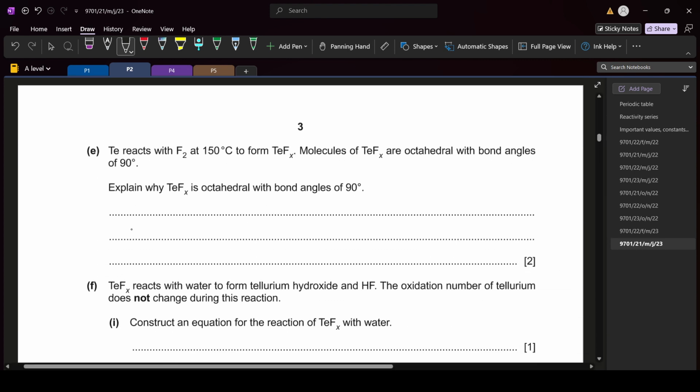Now part E, tellurium reacts with fluorine at 150 degrees Celsius to form TeFx. The molecules of TeFx are octahedral.